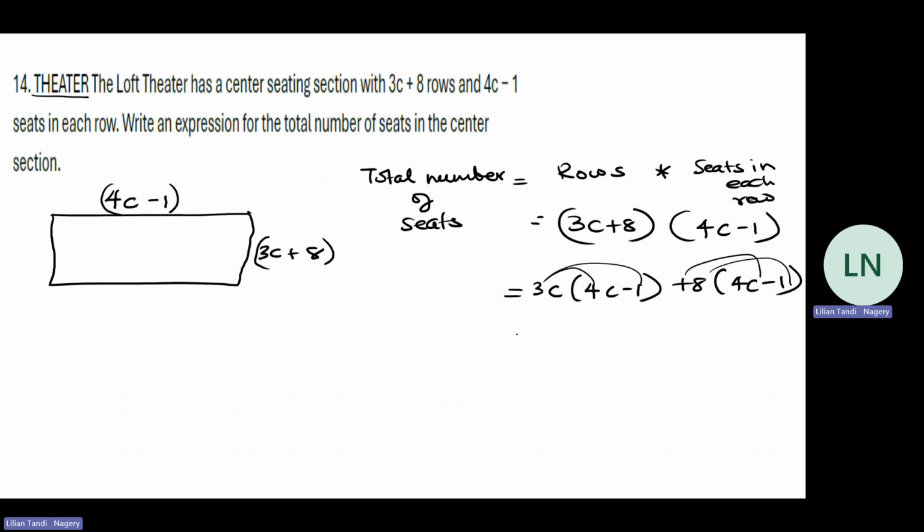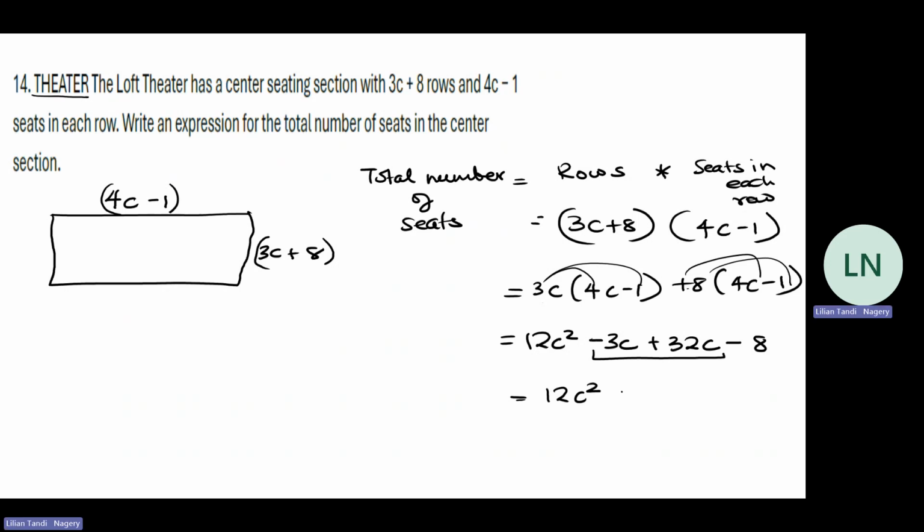3C times 4C, 12C squared. 3C times negative 1, negative 3C. Positive 8 times 4C, plus 32C. Positive 8 times negative 1, minus 8. These are like terms. 12C squared.